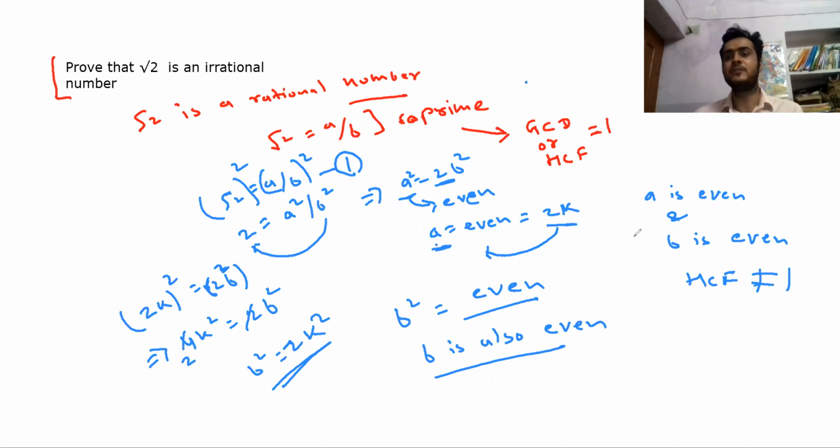If HCF is not equals to 1 and we have taken this assumption or this hypothesis earlier, then we are negating it. That means our hypothesis of taking root 2 as a rational number is wrong. If it isn't a rational number, then it's an irrational number. So this is how we prove that root 2 is an irrational number.